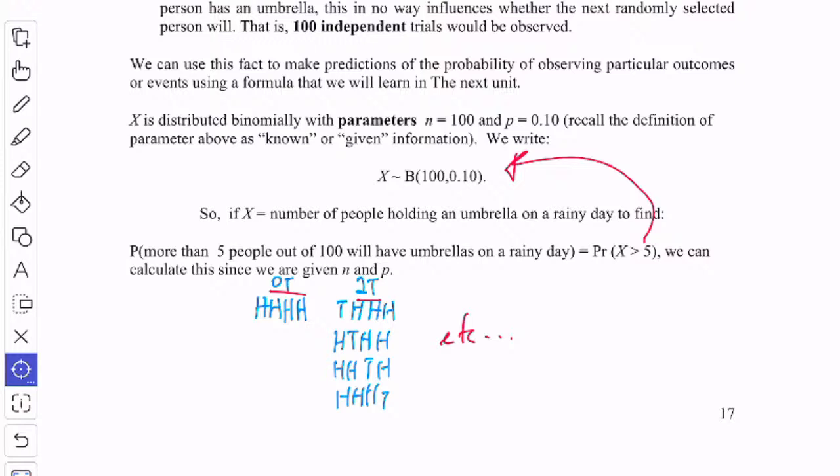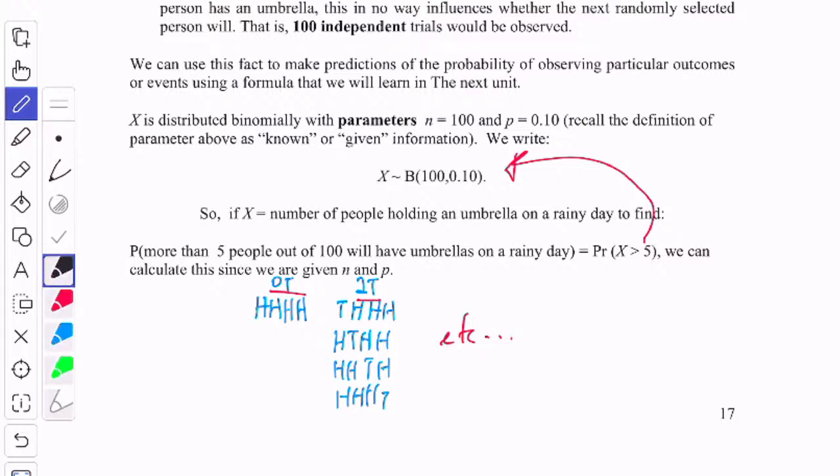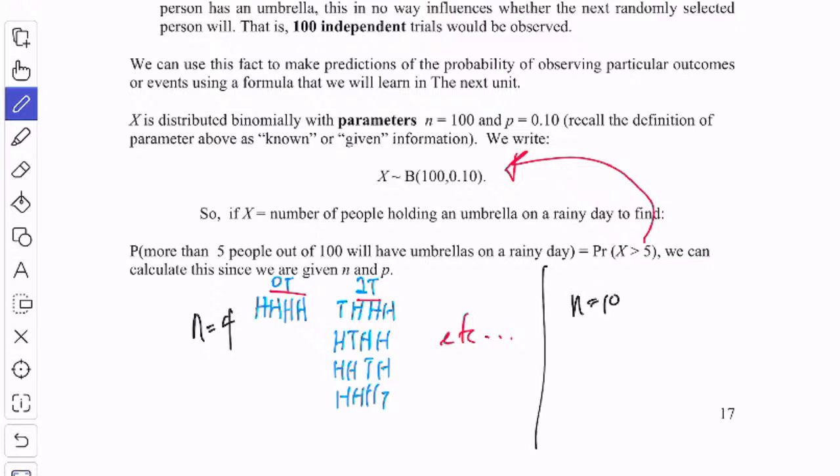The issue is that this was for 4, where n was equal to 4. What if n was equal to 100? You would have to figure out all the possible combinations of 100 outcomes.